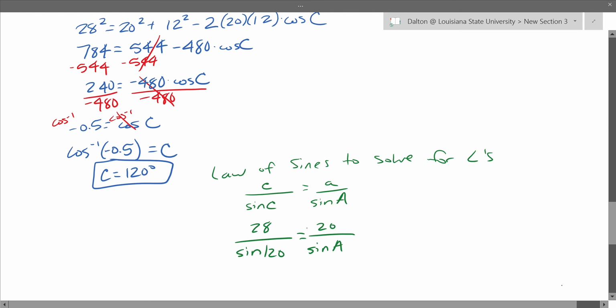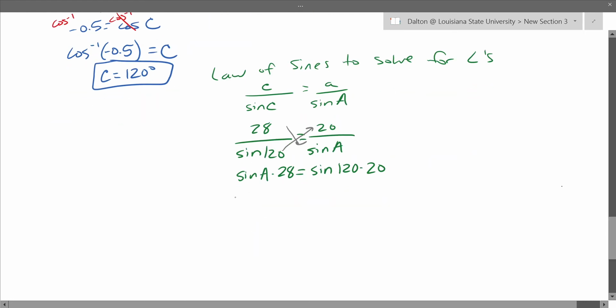So if you do that, then you end up with the sine of A times 28 is equal to the sine of 120 times 20.